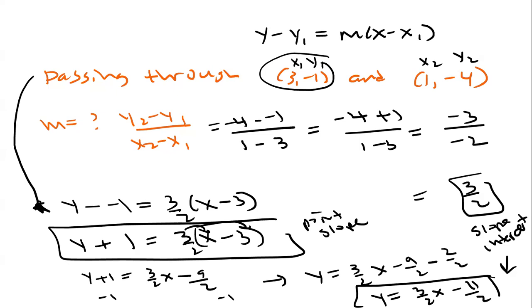All right, so I've been claiming that if you use any of those points, you should get the same answer, all right? So let's try it now with 1, -4. So we tried it with 3, -1, and we got y is equal to 3 halves x minus 11 over 2. So let's do it for the other point.